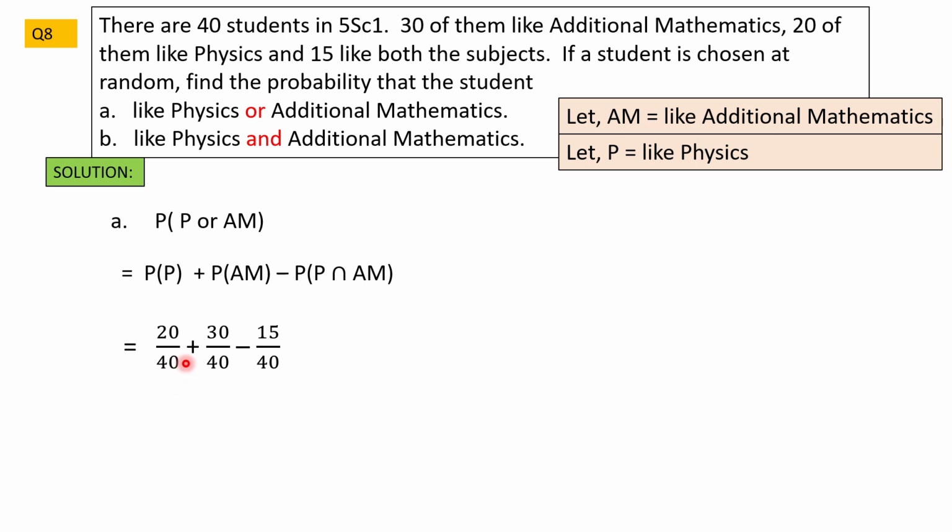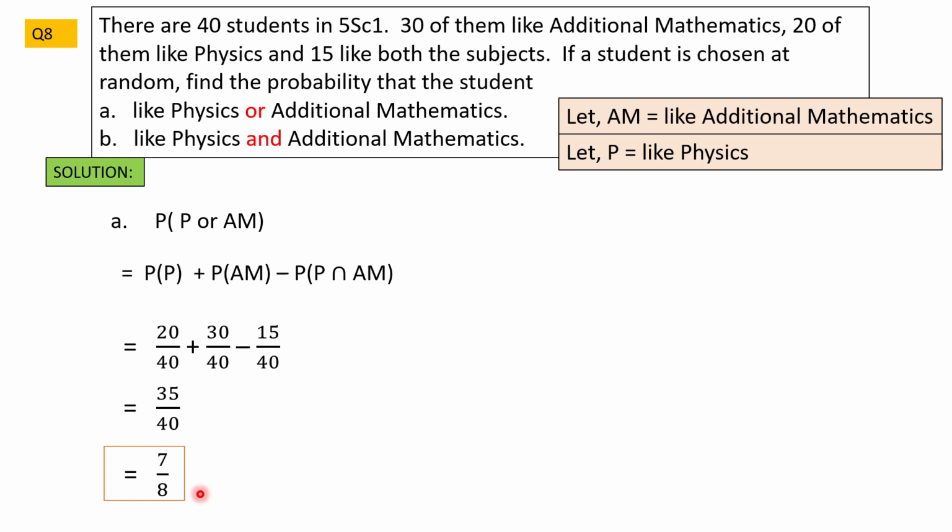Plus probability of additional mathematics. There are 30 of them who like additional mathematics. So 30/40 minus 15/40. So 15 here is for students who like both subjects. So 15/40. Simplify this, and you will be able to get the answer for the probability that the student likes physics or additional mathematics.